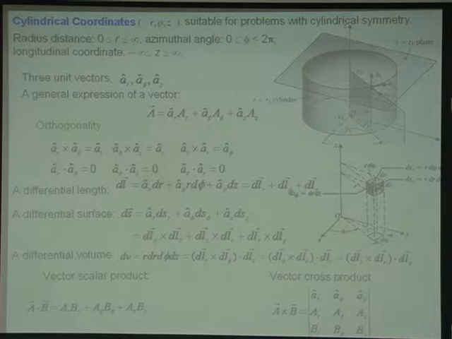有问题？再来的话呢，是圆坐标。圆坐标一样，也是一样 decompose the three orthogonal directions into three unit vectors. And basically, you just follow the same steps to derive the differential length, differential surface, and differential volume.